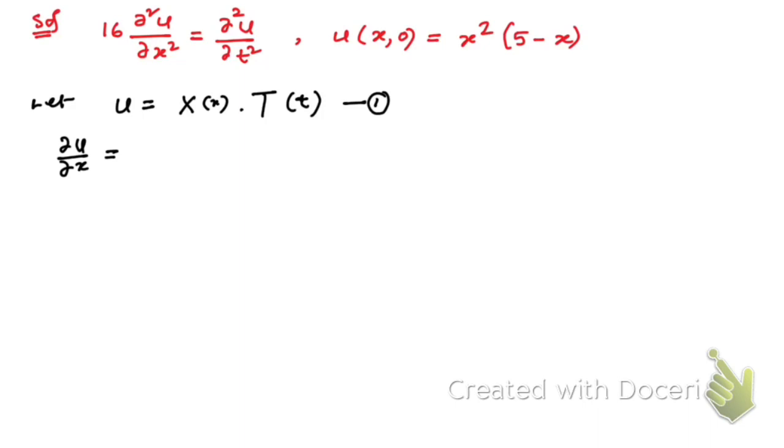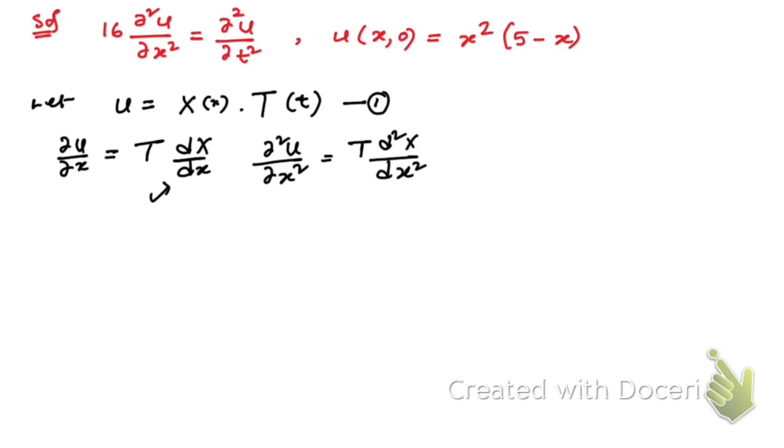Then take the t as a constant, then you can have d capital X by d small x. Then let's find the second order derivative. Let us differentiate this again partially with respect to x. Okay, so then again you're going to have T d square capital X by d small x square. That's what you're going to have, second order derivative of capital X with respect to small x.